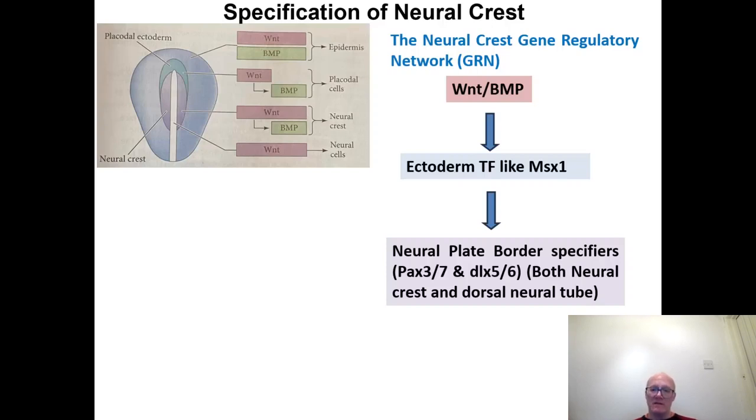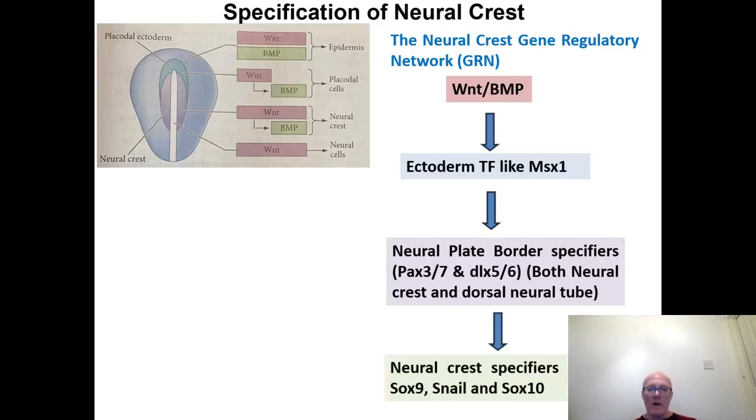And these specifiers are present in both neural crest and dorsal neural tube. However, for the cells to become neural crest, they are going to express neural crest specifiers, which are FOXD3, SOX9, Snail, and SOX10.